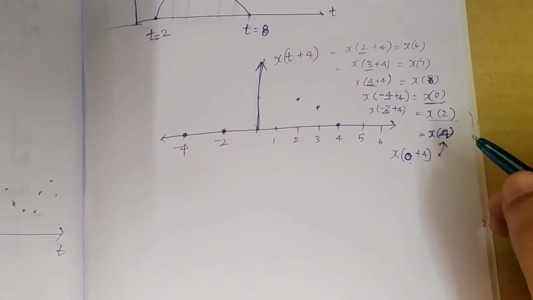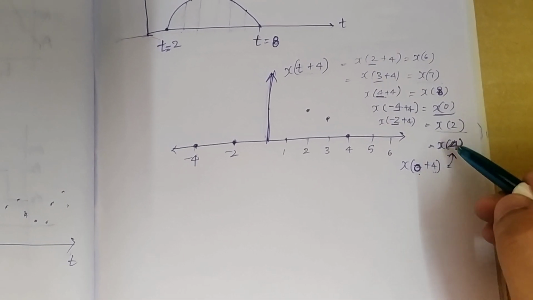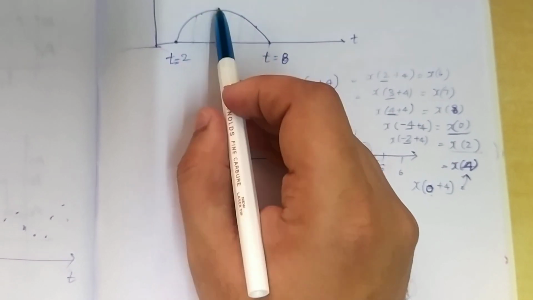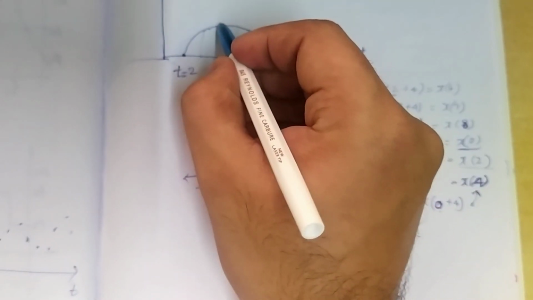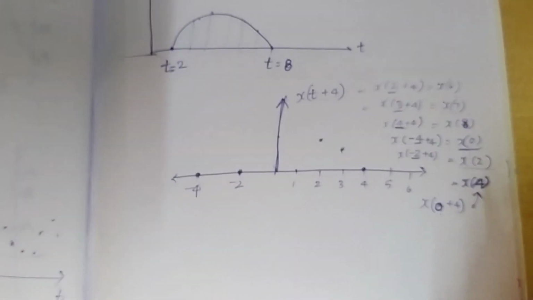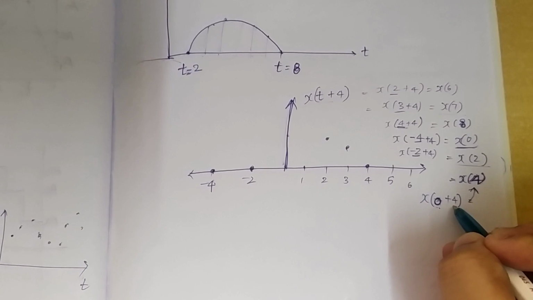Now suppose you want x of 4 here. Basically you need to know where t is equal to 4 will lie exactly in the t plus 4 graph. So you will put x of 4 here. If you need 4 here, it should be 0 plus 4.